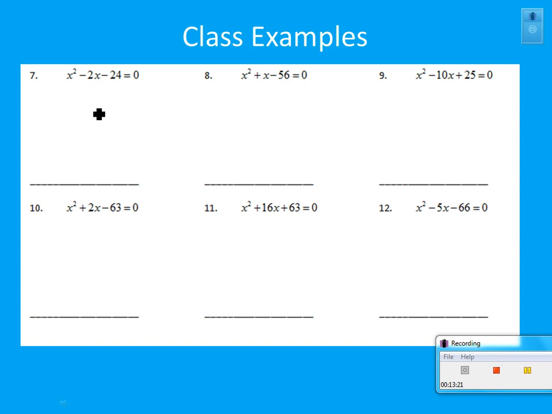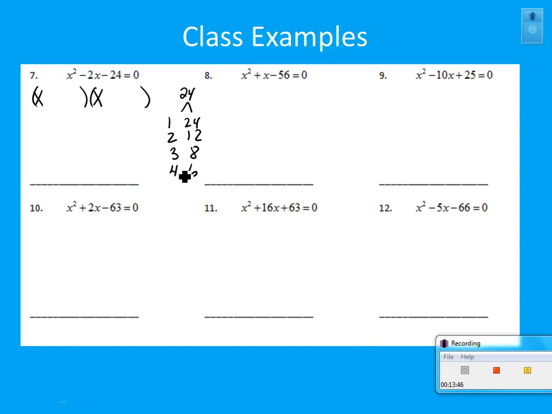If you're going to factor x squared minus 2x minus 24, 2 parentheses, x and an x, two numbers that multiply to be 24. So my choices are 1 times 24, 2 times 12, 3 times 8, and 4 times 6.